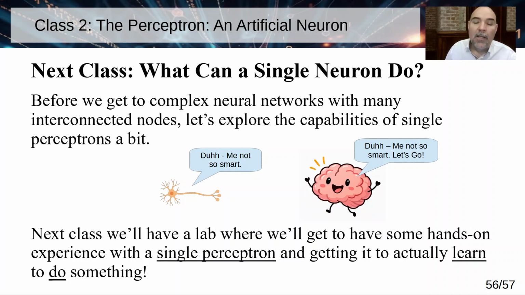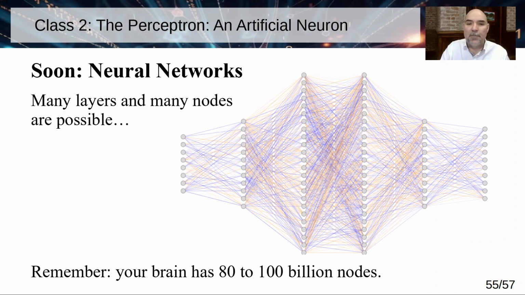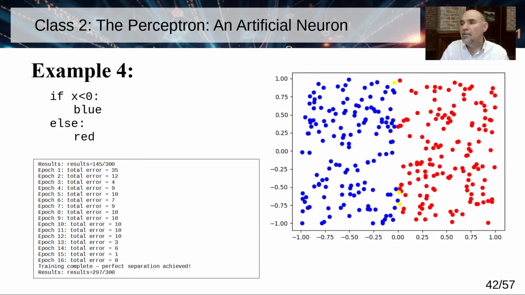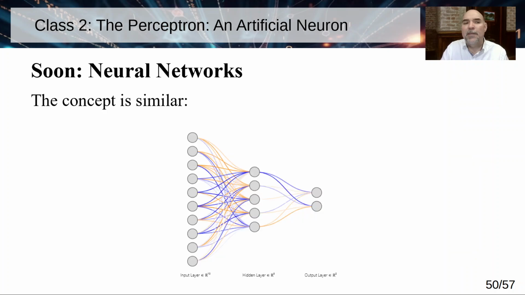So next class, though, before we get into large networks of those, I want to spend a little bit of time focusing on what we can do with a single neuron or a single perceptron. We're going to have a lab where we're going to get our hands into some code. We did a little bit of code today. I presented it, we looked at it. Next time, we're actually going to throw some of that code together and write some stuff. But we're going to have a single perceptron that, rather than just doing something passive, like sorting points into red and blue groups, is doing something dynamic that we can actually see.